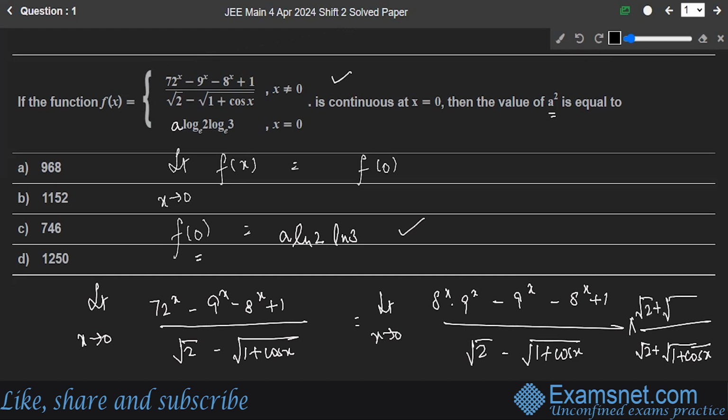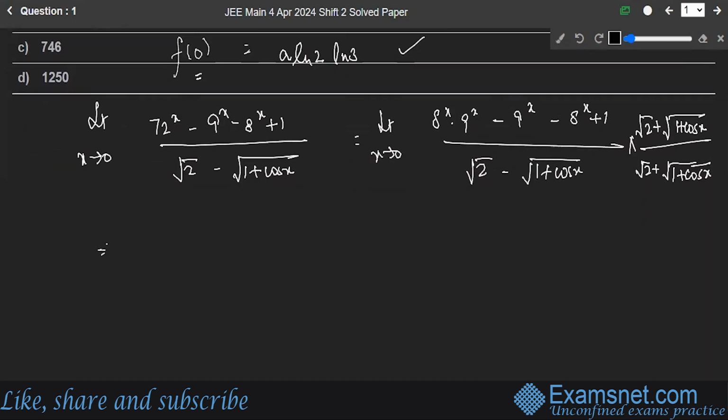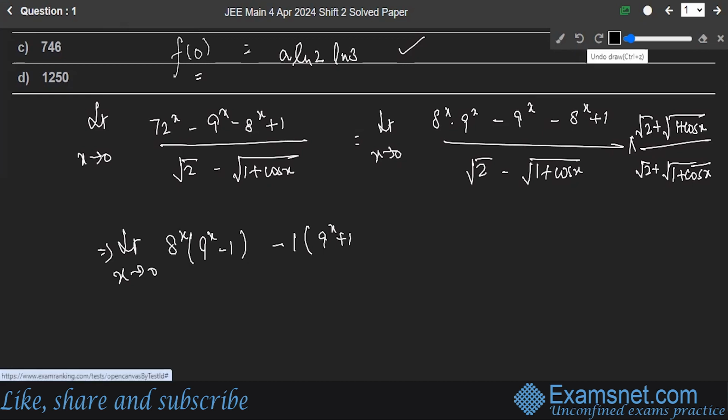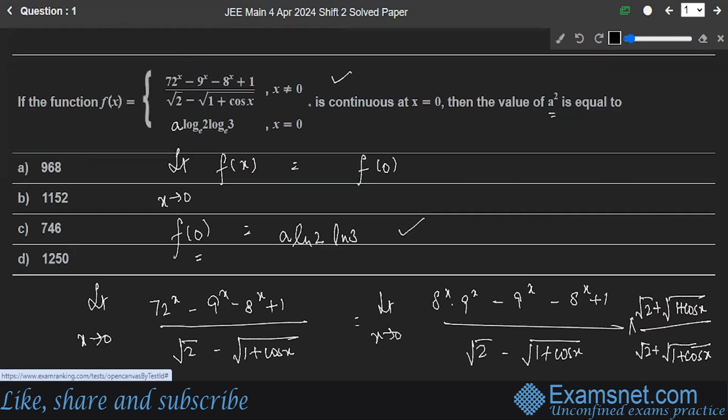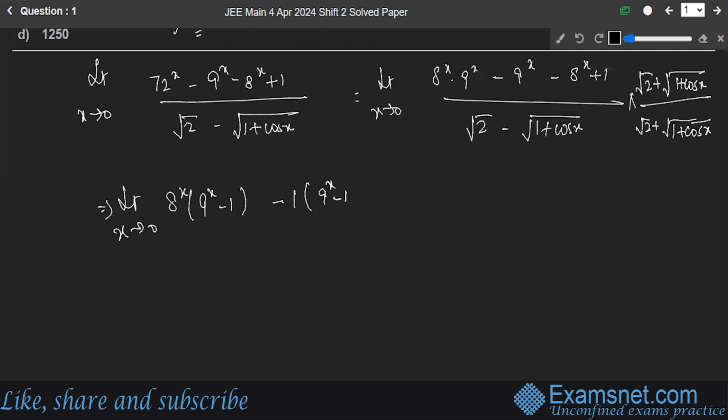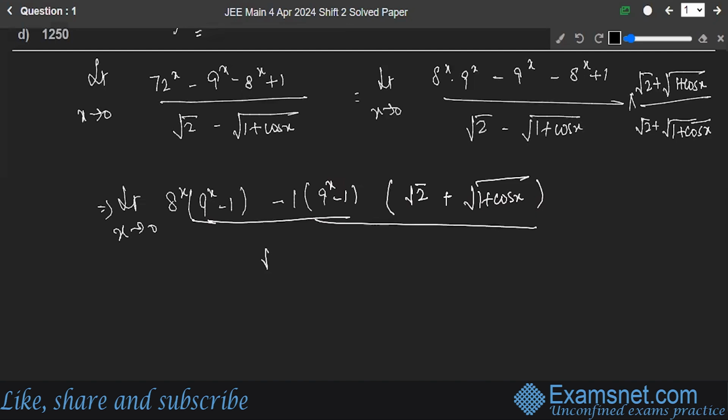Taking 8 power x common, this will be 8 power x minus 1 into 9 power x minus 1, multiplied by root 2 plus root of 1 plus cos x, divided by a square minus b square.